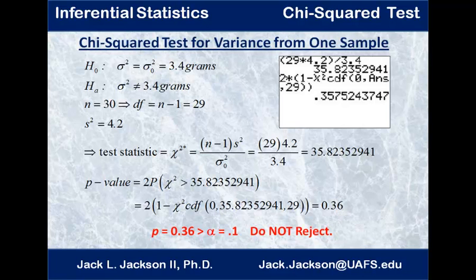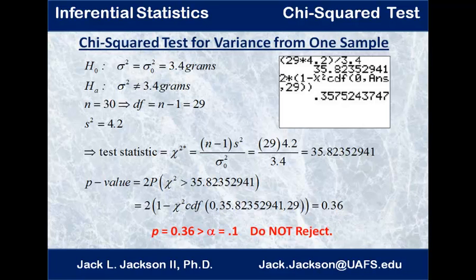And then, since the sample variance is to the right of the hypothesized one, we find the area to the right, that probability. But remember, we got to double that because it's a two-tailed test. If this had been a right-tailed test, we wouldn't have had the 2 times.